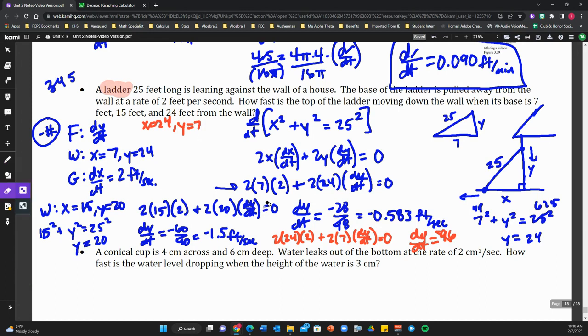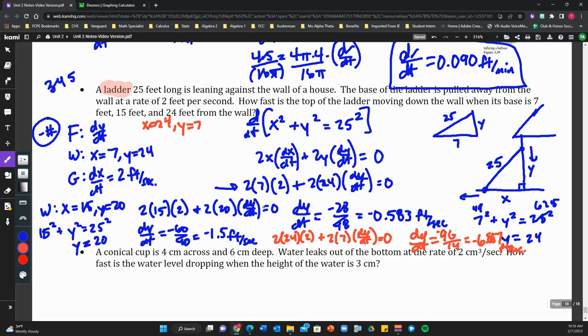So we get negative 96 divided by the coefficient here, 14, which is going to give us a decimal value of negative 6.857 feet per second.